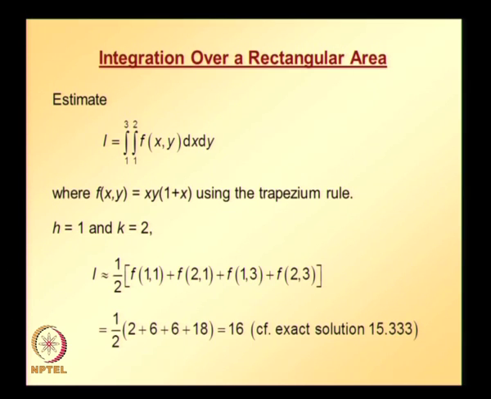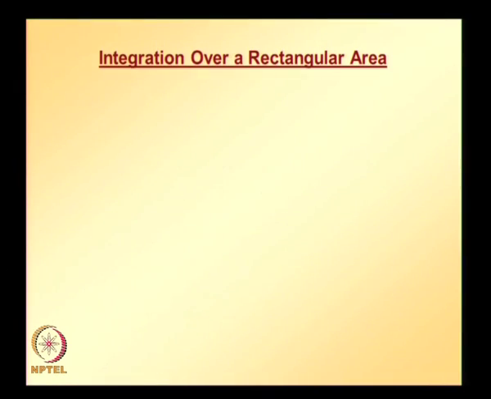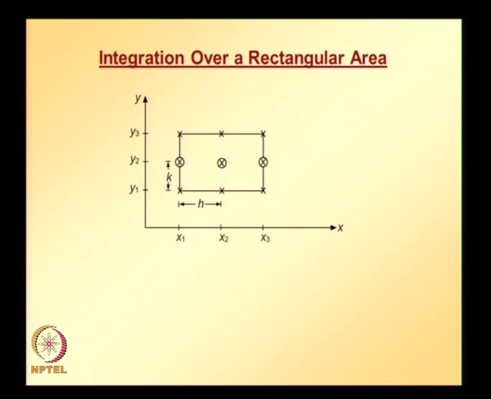So, now let us see how to apply Simpson's rule over a rectangular area. So, basically we need to evaluate the function at 3 points along x direction, at 3 points along y direction.